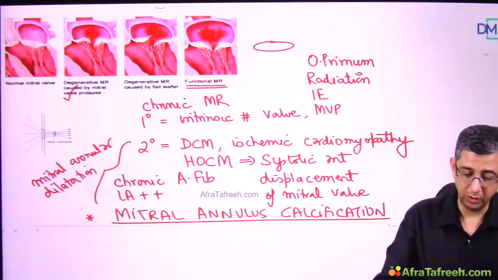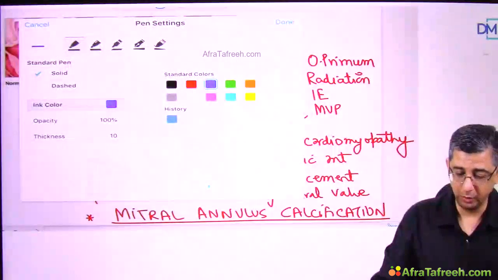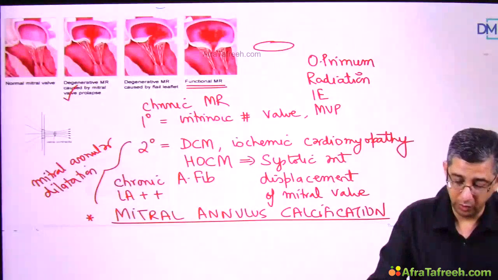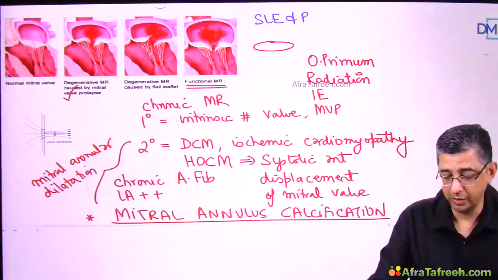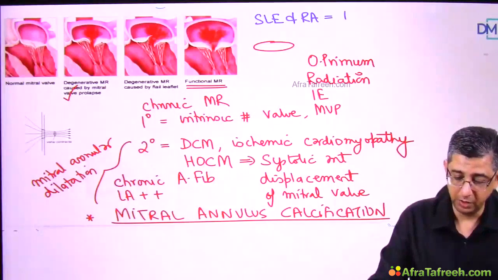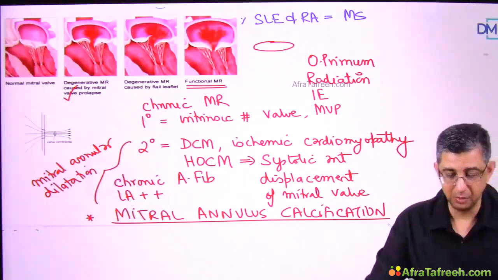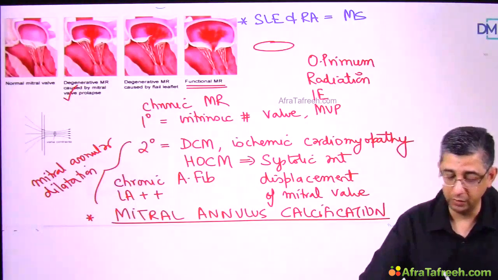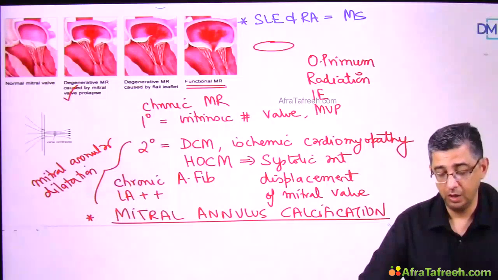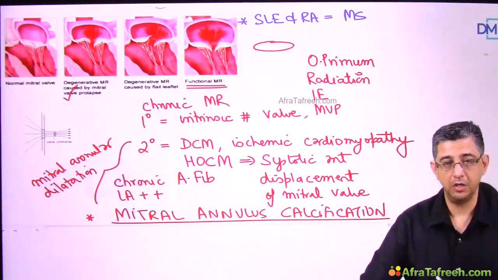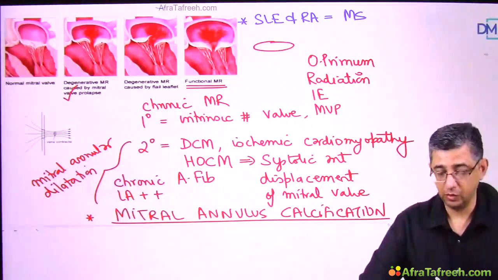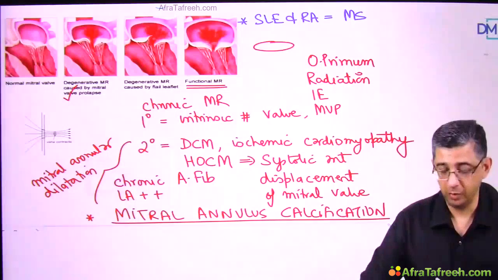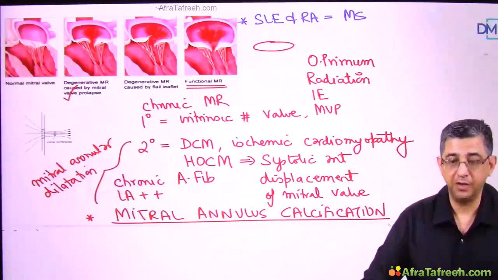Here, because I've talked about causes, I would also like you to remember some associations. One of the associations to be remembered for MCQs is that in SLE and rheumatoid arthritis patients, the valvular lesion that is associated is mitral stenosis. Remember my words, MR is associated with ischemic damage secondary to coronary artery disease, or it could be dilated cardiomyopathy, or it could be infective endocarditis.